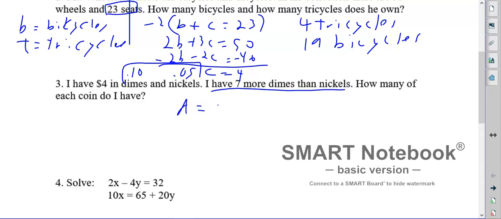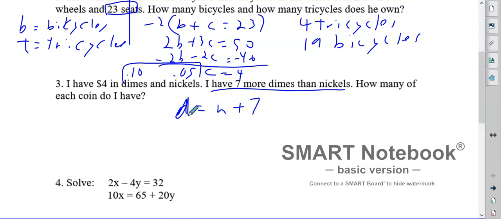So dimes is nickels plus 7. Okay, so we're going to use D for dimes and N for nickels in this case. Again, you can use x and y if you want to. And then we're going to put in order. So that's going to be D minus N.